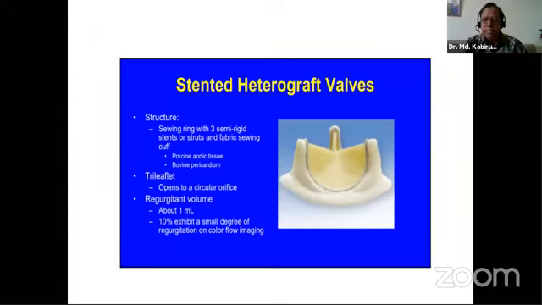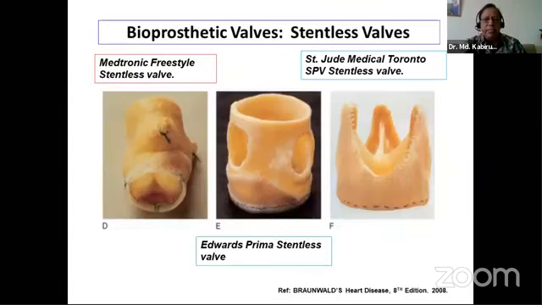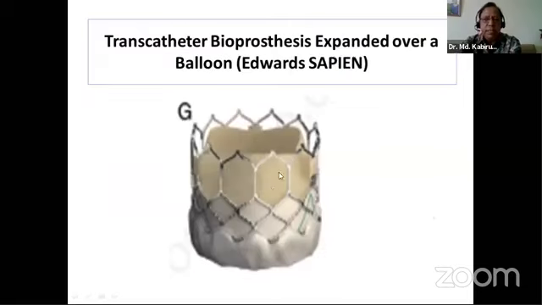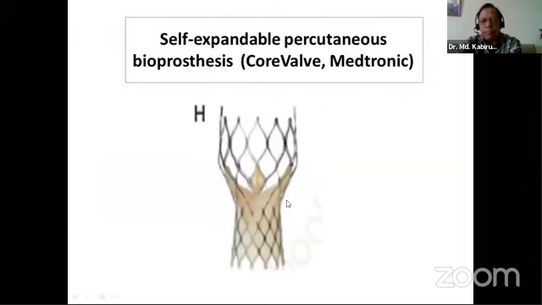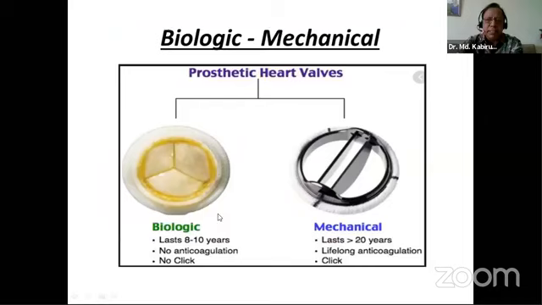This is the stented heterograft valve picture. These are some pictures of stentless valves. This is the first generation transcatheter Edwards Sapien valve in the aortic position, and this is the CoreValve. And this is the biological or tissue valve.